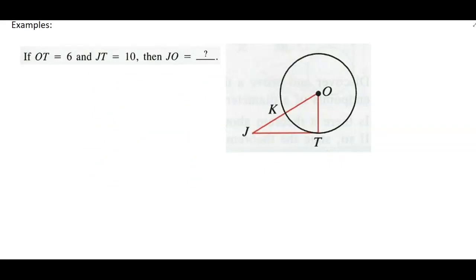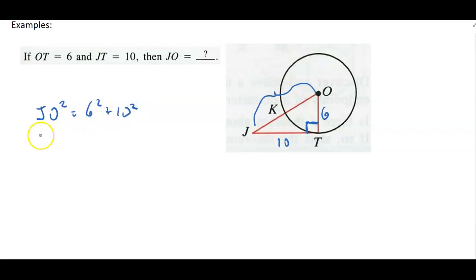All right, let's do some examples. So what if you had this picture right here and you were told that OT is 6 and JT is 10, then how much is JO? Well, by the theorem we just learned, that's a right angle there because tangents are perpendicular to radii, which means we have a right triangle, which means we can use the Pythagorean theorem. So we can say that JO squared is 6 squared plus 10 squared.